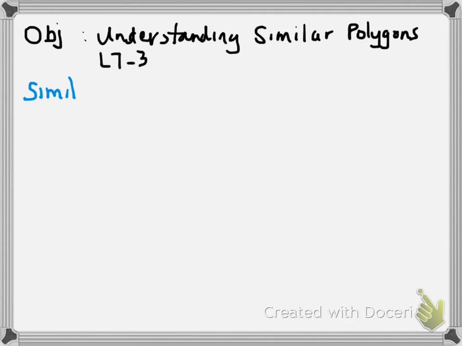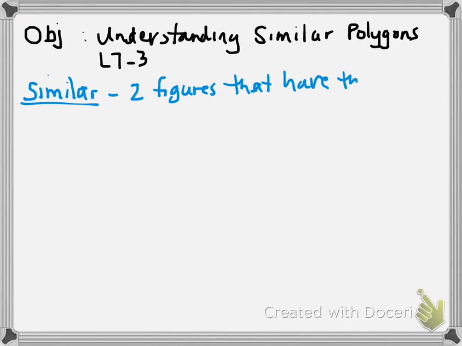We've talked a lot about things that are congruent, that have the same shape, same size, but what we have here for similar is two figures that have the same shape but different sizes.